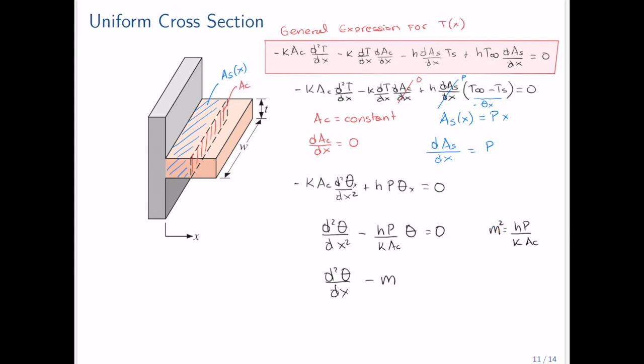So m squared just highlights the fact that the constant is positive. If I write it that way, I don't have to take a square root in the next step. So this is going to be equal to m squared multiplied by theta and equal to 0. So that's the differential equation for a uniform cross-section fin. Now, how do we solve it?